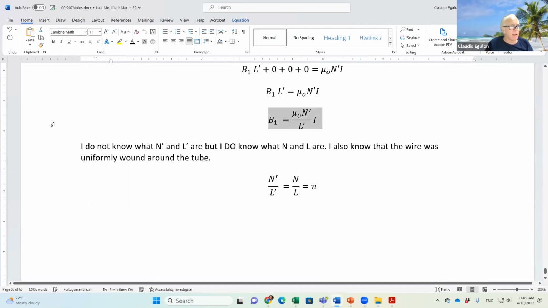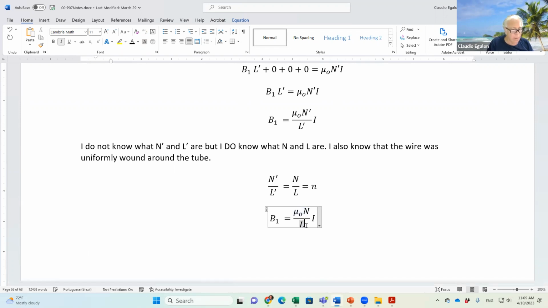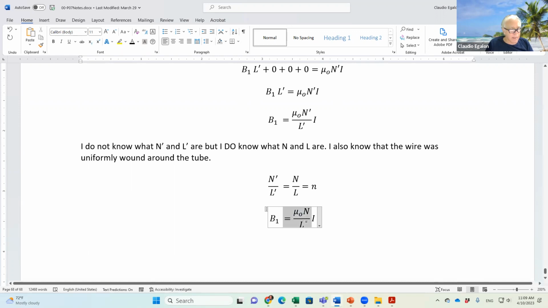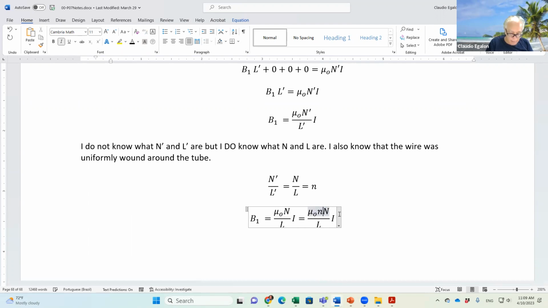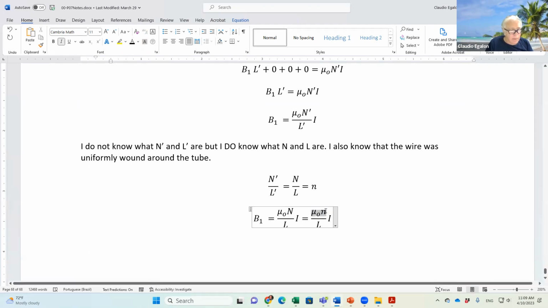And look what we end up getting: the magnetic field inside the solenoid is going to be given by this. I'm going to take out the N prime because we know N and we know L, and we can rewrite that as n like that.